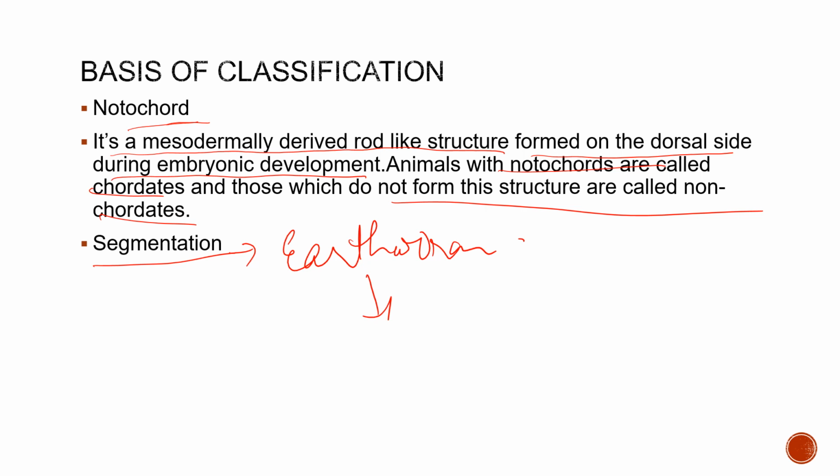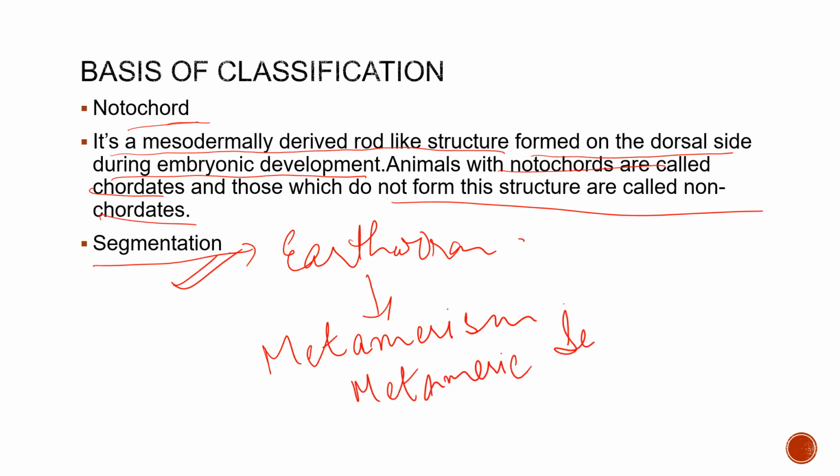For 9th standard it's not so important, but you should know this term, metamerism. So this is the segmented body part, and this pattern of segmentation is called metameric segmentation.